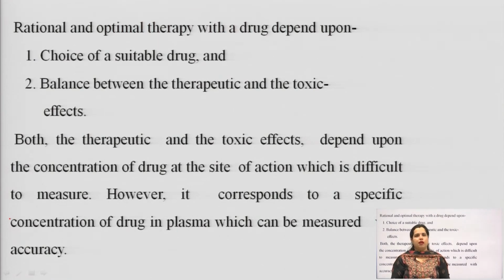Rational and optimal therapy with a drug depends upon how the therapy is designed. Basically, it depends on 2 points: choice of a suitable drug, meaning what type of drug you are choosing, and balance between the therapeutic and the toxic effects. In allopathy we know that side effects may occur when we give a dose, but we always weigh the benefits against those side effects.